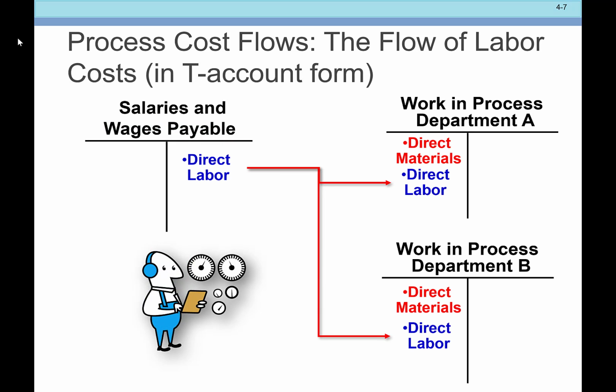Then we have labor. In the flake department, did you ever see those little Willy Wonka Oompa Loompa guys? Maybe all those guys are sitting there hitting the big flake to make it into little flakes.